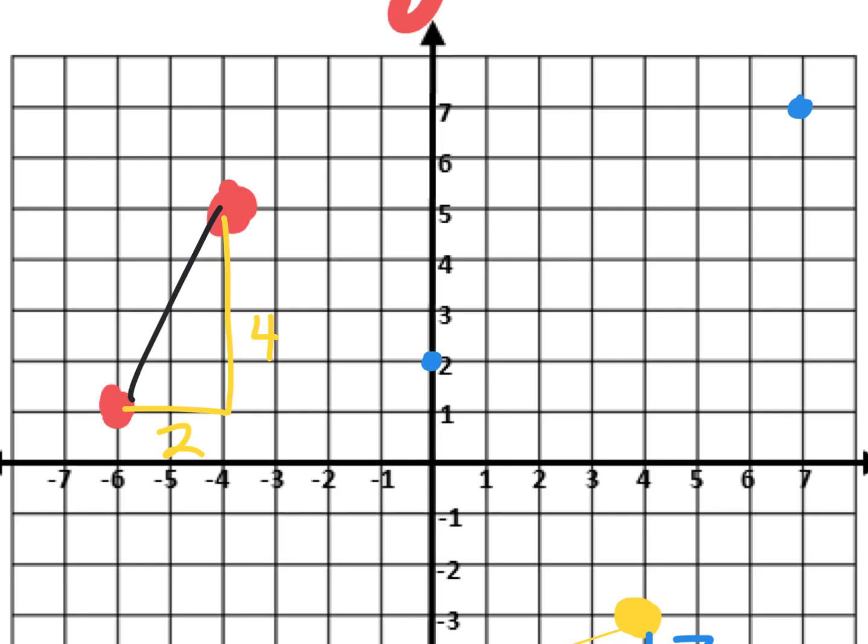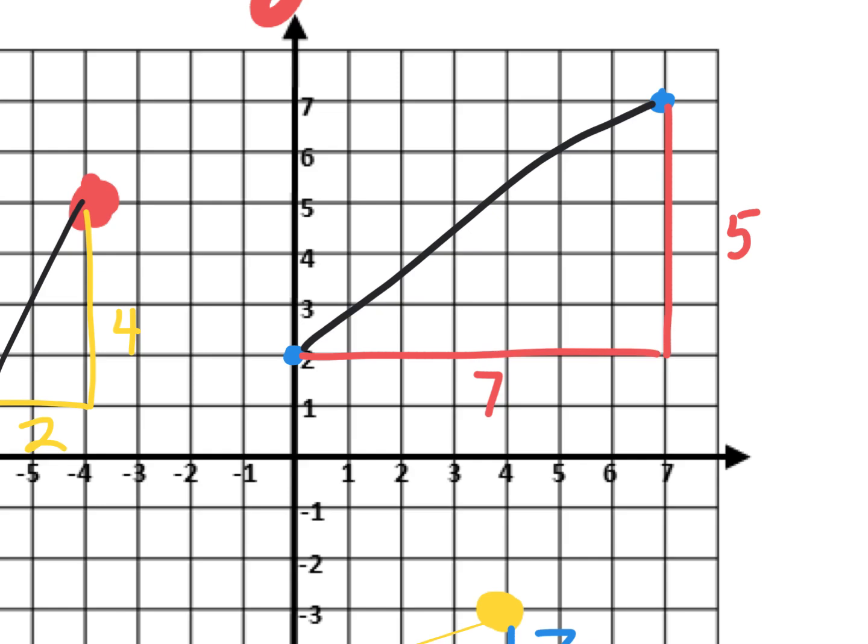Okay, we're going to connect the dots and draw a triangle. So how far over is that triangle? 7. How tall is it? 5.